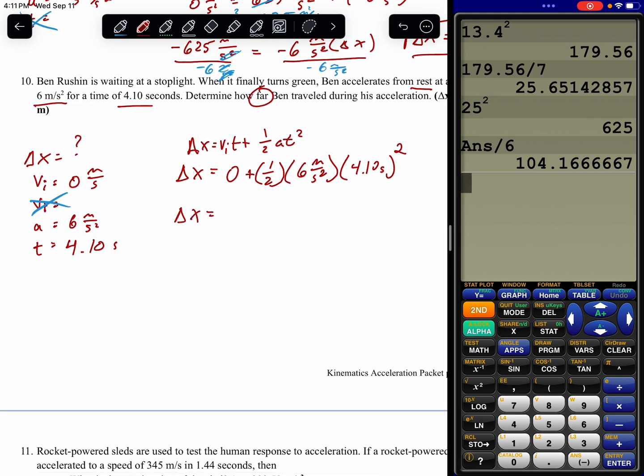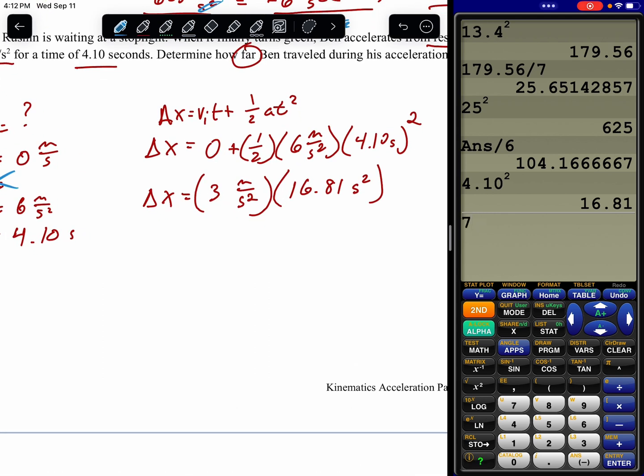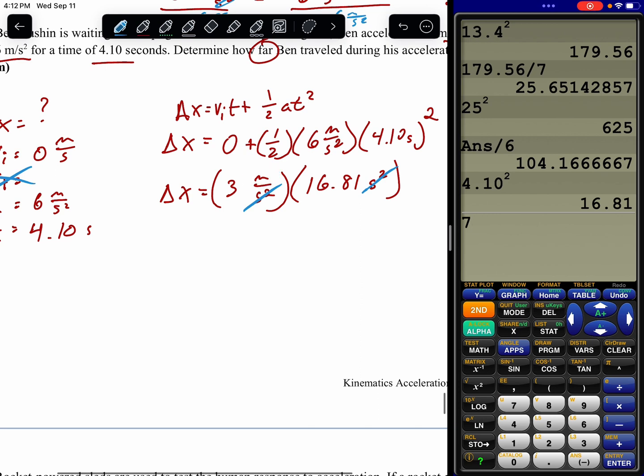So delta x is going to be equal to, let's go ahead and multiply the 1/2 times the 6. Let's get 3 meters per second squared. Multiplied by 4.10 squared, 16.81 seconds squared. Make sure that you include that square on the seconds. I'll show you why in a moment. So since we have the seconds here squared and the seconds down here squared, those go away, and would you look at that, we're left with units of meters.